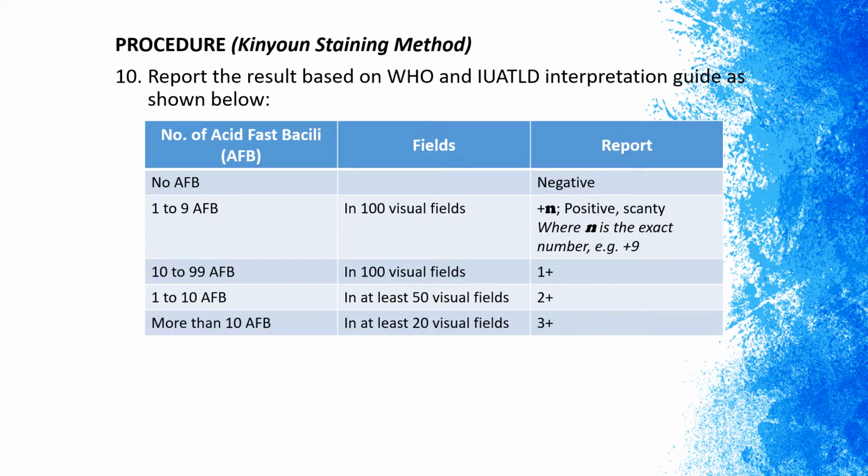Example, plus 9. 10 to 99 AFB in 100 visual fields is reported as 1 plus, while 1 to 10 AFB in at least 50 visual fields is 2 plus. But if there are more than 10 AFB in at least 20 visual fields, it is reported as 3 plus.